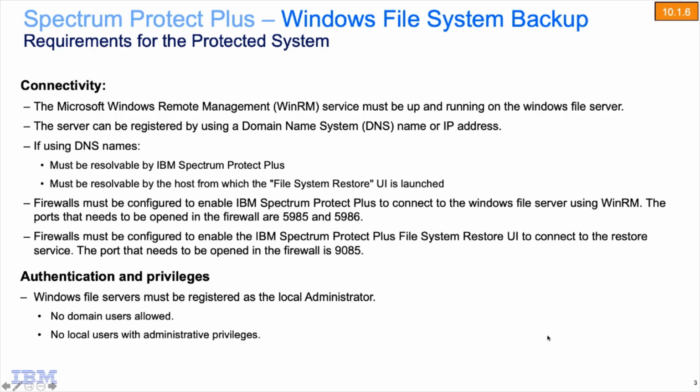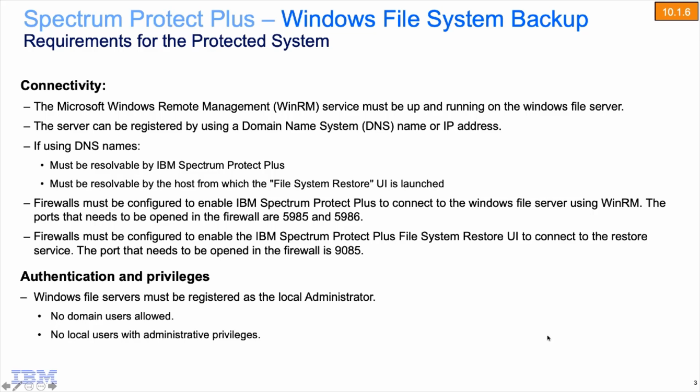From a connectivity perspective, the file system restore UI is going to need to connect to the Windows system that you are doing a restore on in order to be able to restore files there. So from a firewall perspective, you will have to have the firewall open from the Spectrum Protect Plus server to the Windows systems that you're doing a restore on.